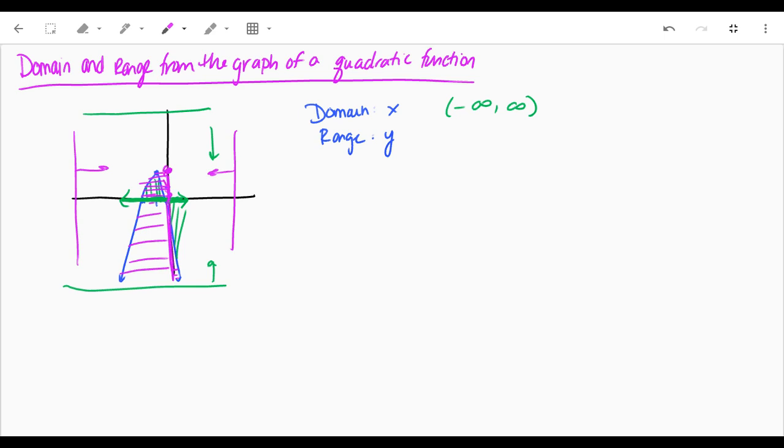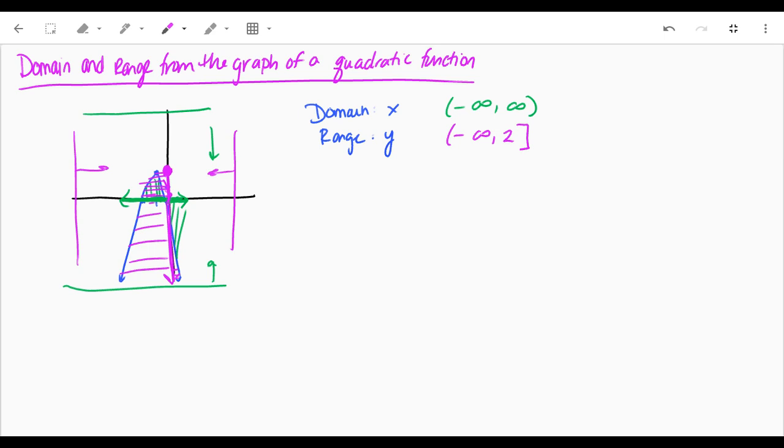So keep an eye on that vertex that got pushed in, and then down here the arrows get pushed in. So here the biggest y value is 2, and then we have everything below it. So -infinity to 2, and we include the 2. And I'll give you a hint too: a parabola that opens down will always go from -infinity to the y value of the vertex. And if it opened up, it would be the y value of the vertex to +infinity.